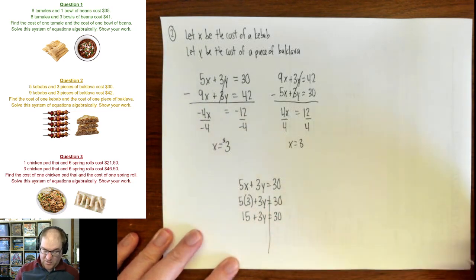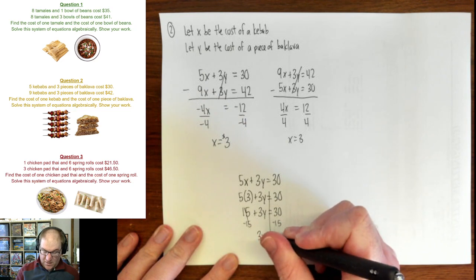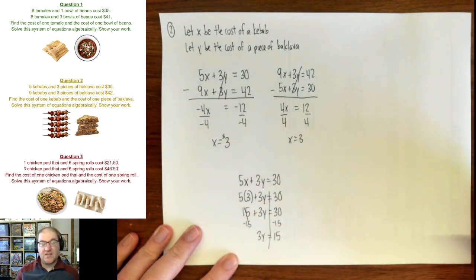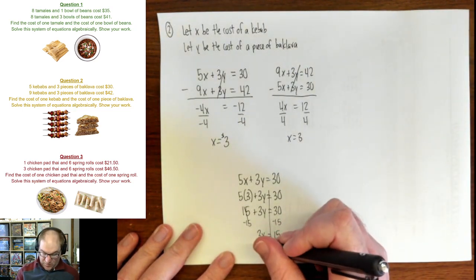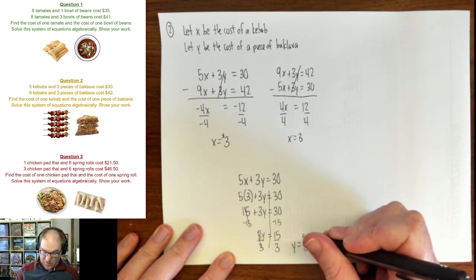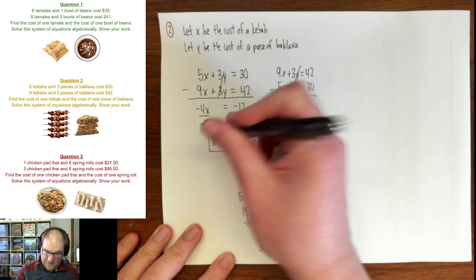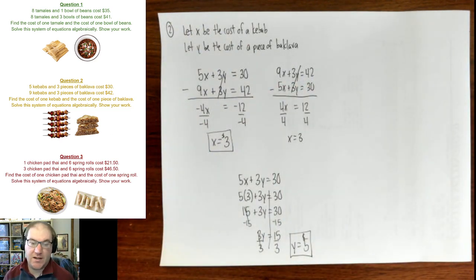Hey, look, we have an equation to solve. Let's do minus 15 to get that 15 to go away. 3y equals 15. Divide both sides by 3, and we end up with y equals 5. So a piece of baklava costs $5, and the cost of a kebab is $3.